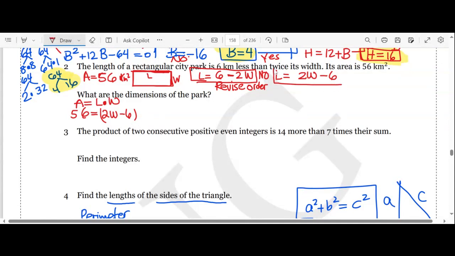Where did I get it from? From this one. Times the width. Is this clear? Now I have to multiply W 2 times inside. So you're going to get 56 equals 2W squared minus 6W. Now let's make everything on one side.